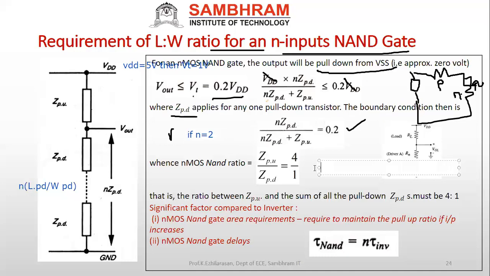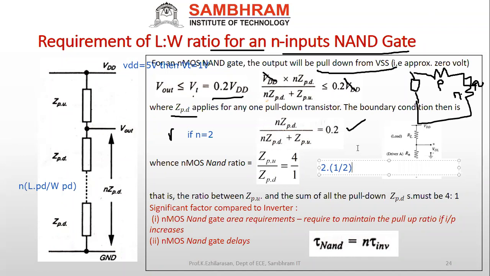So your formula will become 2 into, what is the ZPD actually? ZPD, if you take any ratio, I can take Z pull-down as LPD by WPD. So earlier you took the example 1:2, correct? So take it as 1:2. It's nothing but 1 divided by 2. I hope you might have understood that, right?